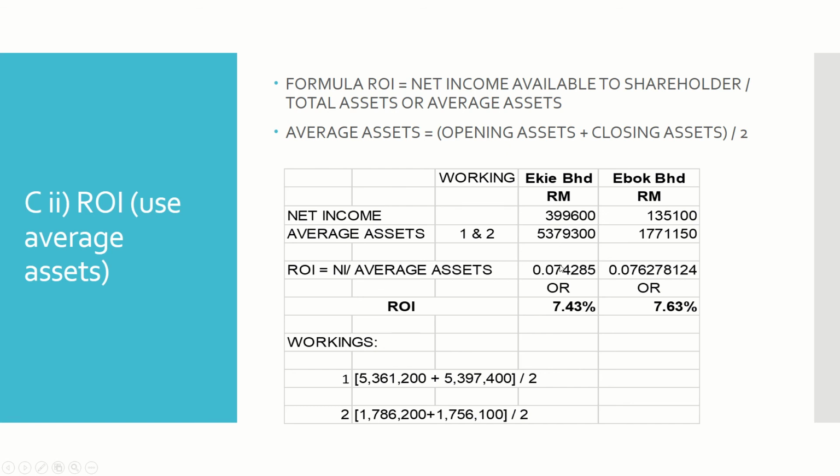ROI for Iki Berhad, after you divide the net income of Iki Berhad with the average asset, is 7.43%. For Ibu, ROI is 7.63%.